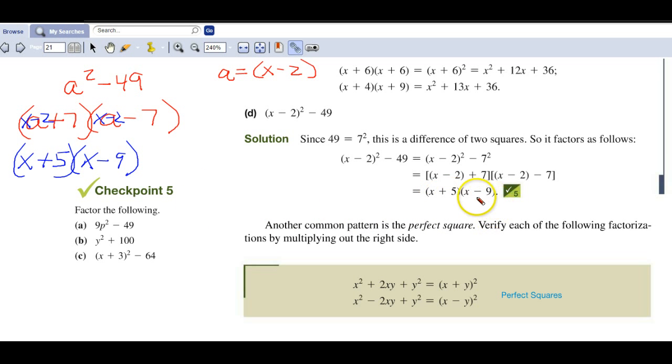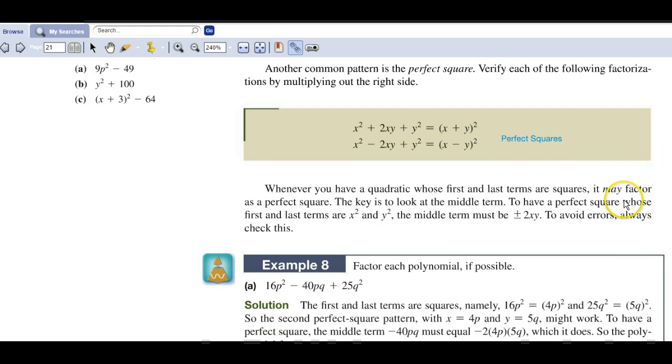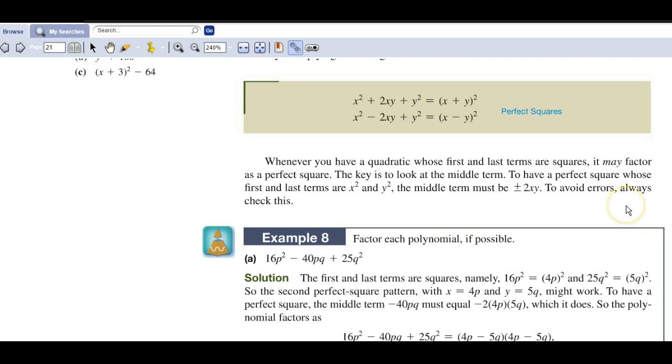Okay? And they're just showing you the method of doing it. All right, another one that we're going to look at here as we go down is one that I mentioned earlier, which was when we squared a binomial.